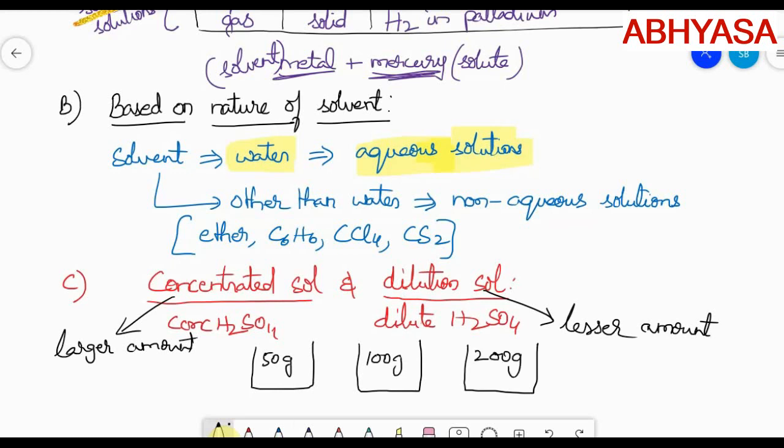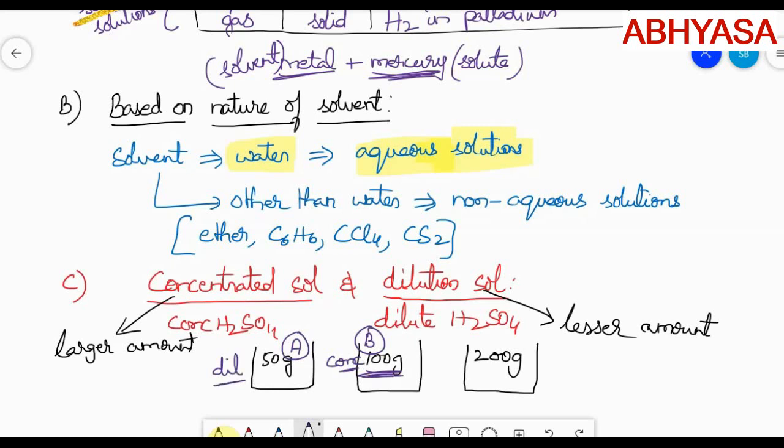Now when I compare these two, I will take this one as solution A and this one as solution B. Out of these two, this one has more solute, and that is why I call it the concentrated solution and this one becomes the dilute solution.